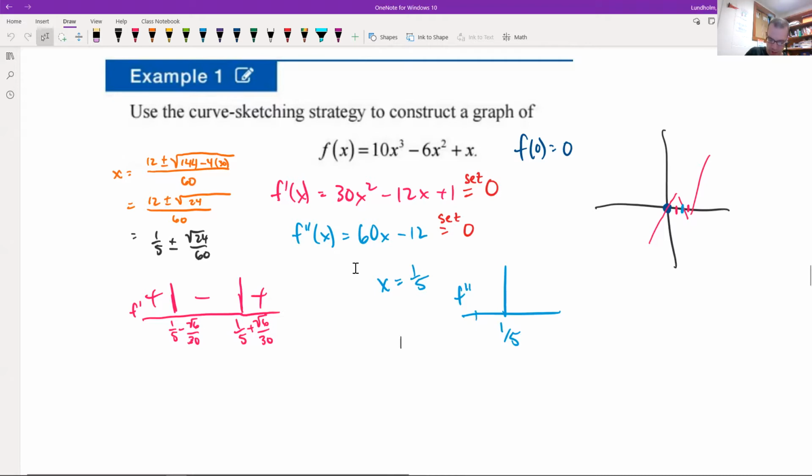So if we test 0, we get a negative number. And if we test 1, we would get 60 minus 12, which is a positive number. So this means concave down on this side, concave up on the right-hand side.